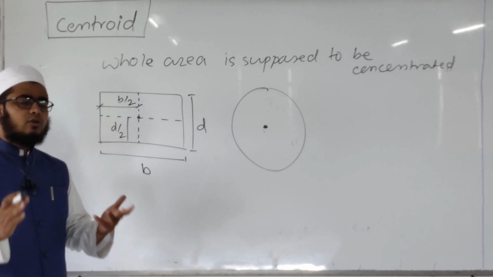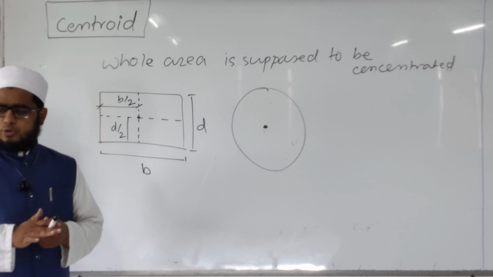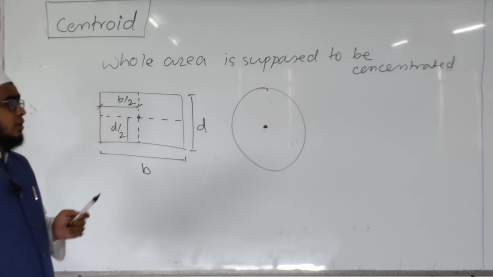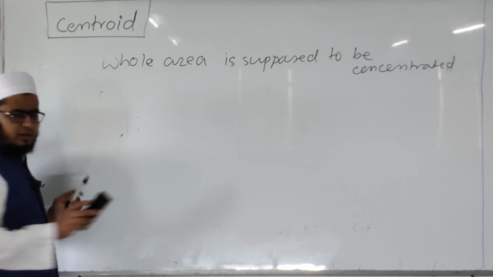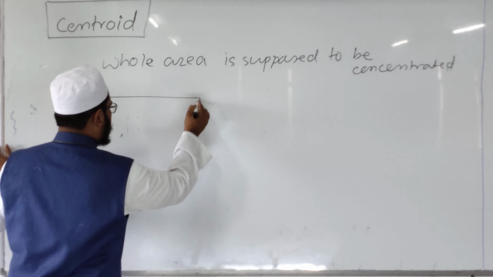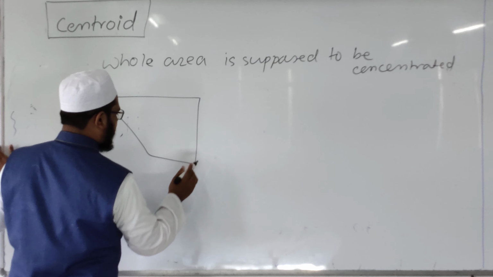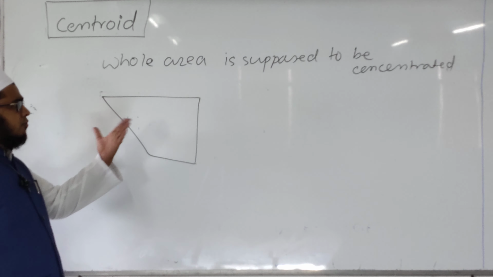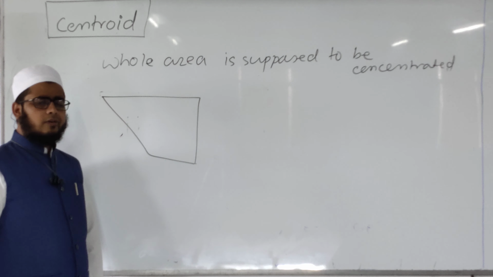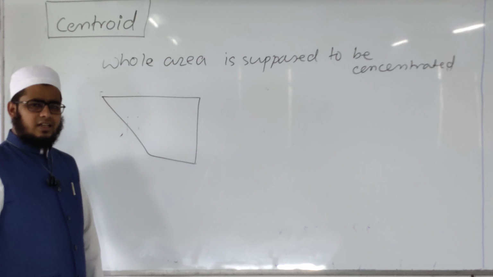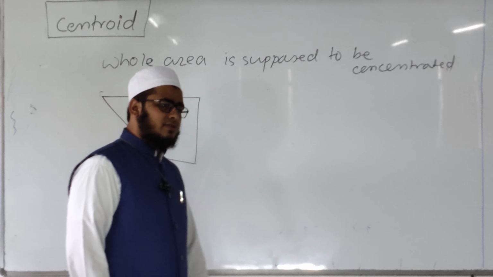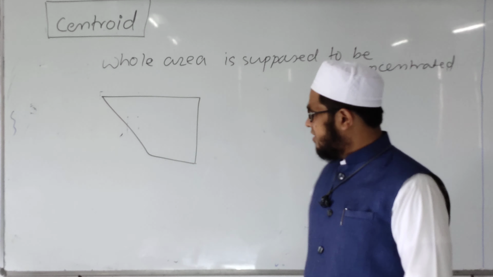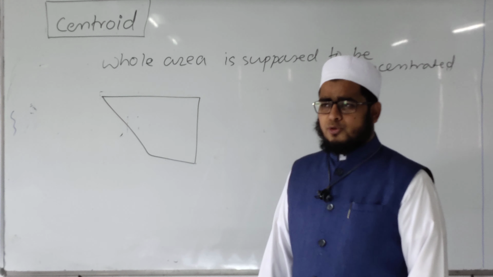But whenever an irregular figure comes, how to determine the centroid of that irregular figure is very important. Irregular figure means it may be of any shape. This is the shape. We have to find the centroid of this figure. For this, we have to use the geometric center of standard figures. It is not a standard figure, it is an irregular shape.